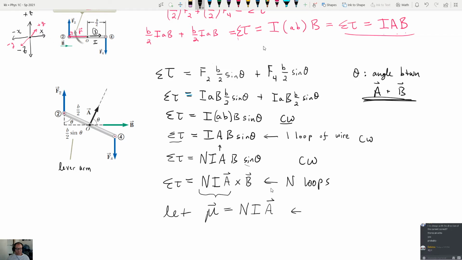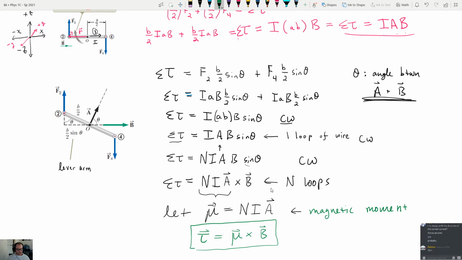We call this magnetic moment. And then we can just say, well, now our torque, which I can now write as a vector, can be written much more simply as just the magnetic moment cross product with the magnetic field. And that is our final result.